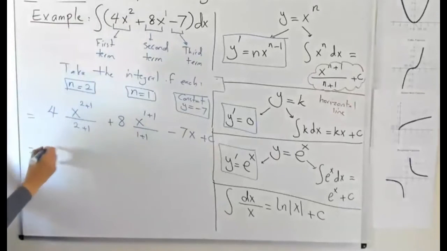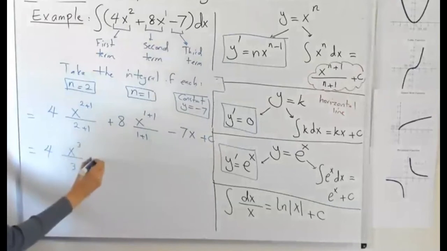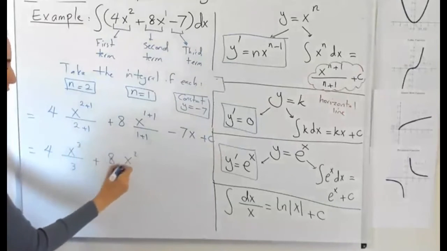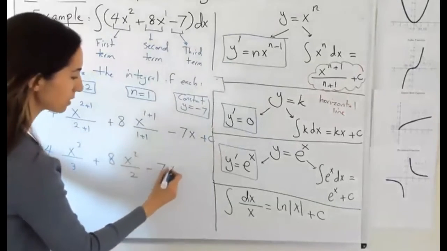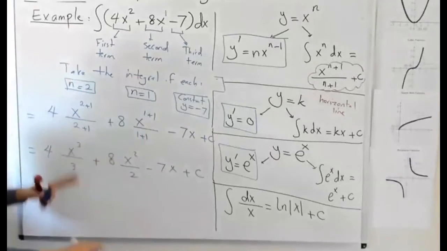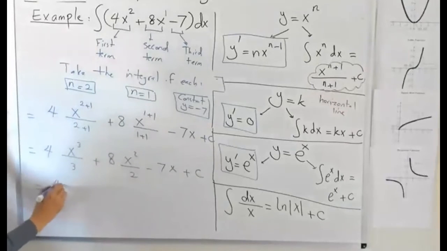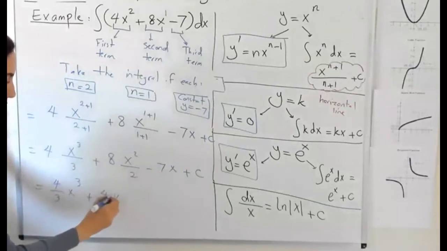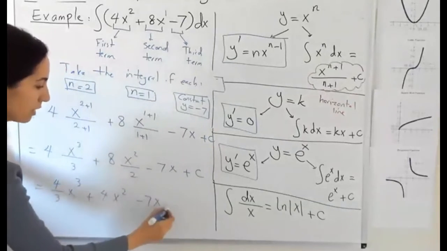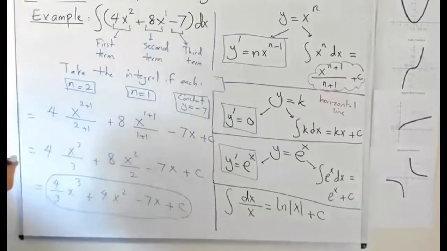So here you get 4x to the third divided by 3 plus 8x squared over 2 minus 7x plus constant of integration. You can rewrite this, you can simplify this. You can write the first term as 4 thirds x to the third plus 4x squared minus 7x plus constant of integration.